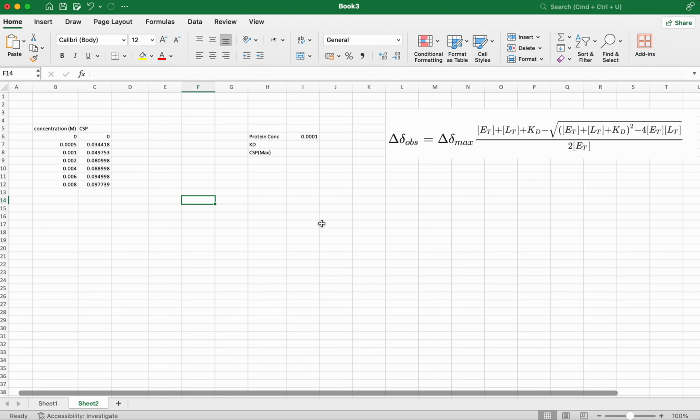There are many ways to calculate the KD, the binding of ligand concentration to the protein, by using different techniques like SPR, isothermal calorimetry, UV, and other techniques. From NMR also we can calculate the KD.